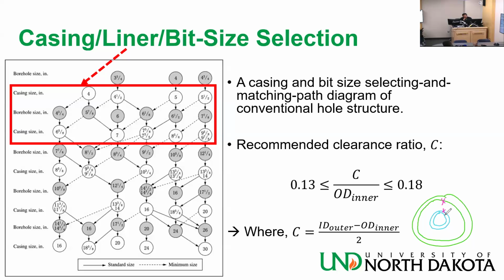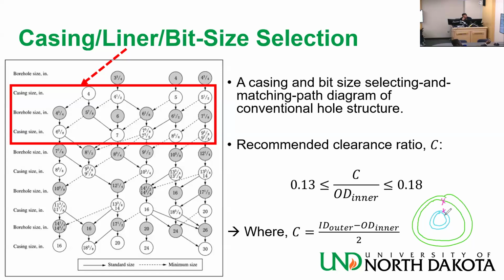I don't get what... You drill your hole, right? Then you want to do your casing. Then definitely your casing is supposed to be smaller than your hole. But there is supposed to be some clearance. It should be between 0.13 and 0.18.